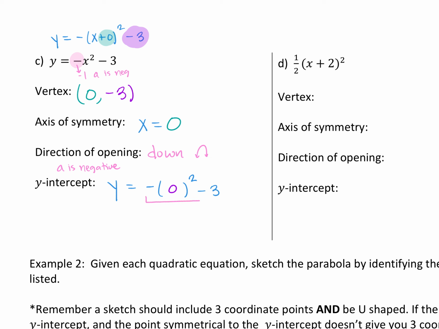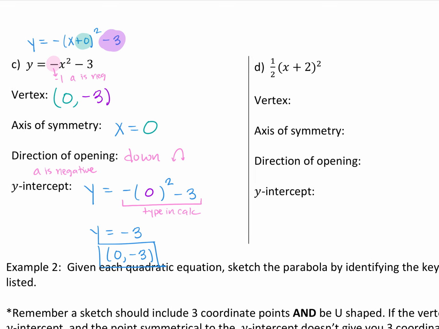Type this into your calculator, or if you can do it in your head, either way is fine. But after we type it into our calculator, we get y is equal to -3, and so the y-intercept is 0, -3. It ends up being the same as our vertex. The vertex and the y-intercept are the same point.